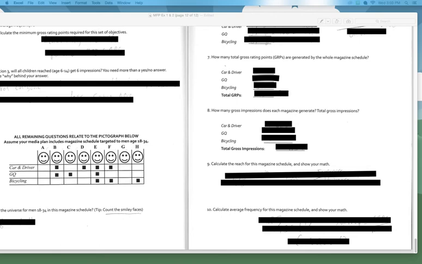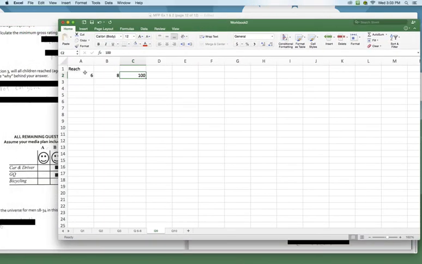The obvious thing we're going to do here is what we know in terms of calculating reach, which is exposure over universe times 100. And our exposure, in this case, is all the smiley faces that have dots in their little matrix here, versus the universe. So, easy enough.